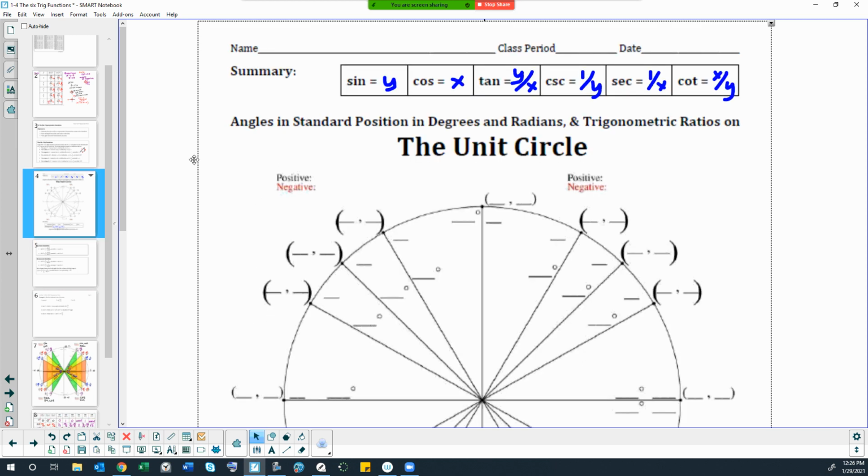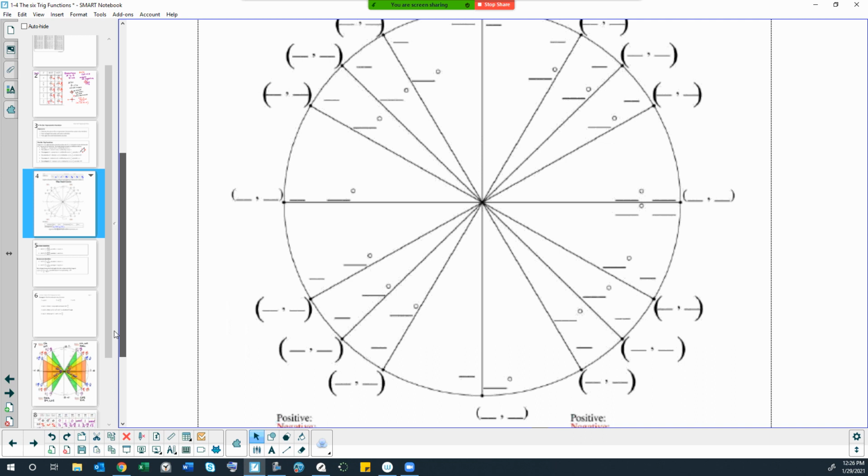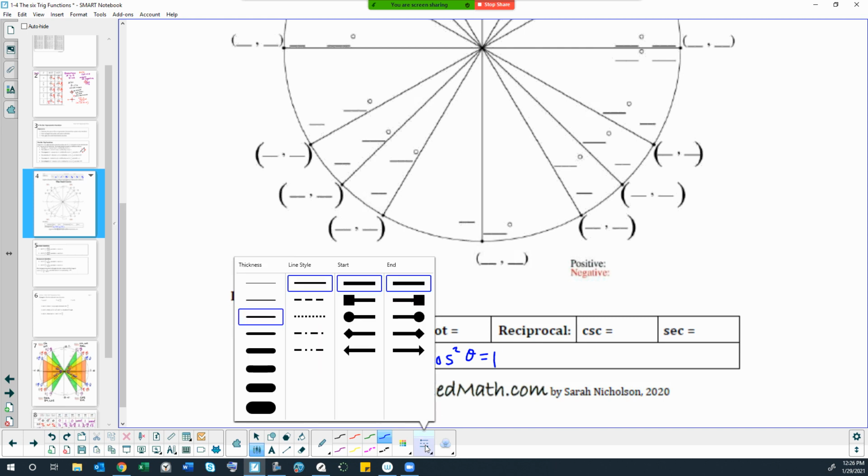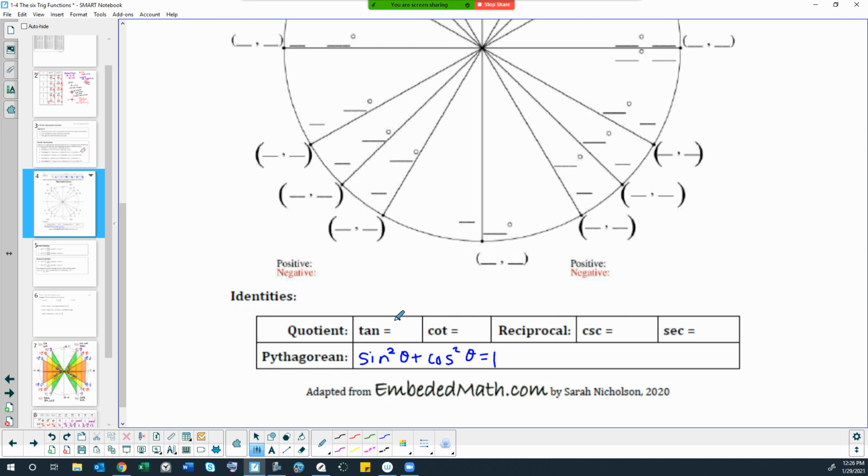Okay, so let's go back and fill these in our little blue chart. Let me make sure my pen is selected. Here we go. I just want to be able to write small. So tangent would be sine over cosine, and cotangent would be cosine over sine.